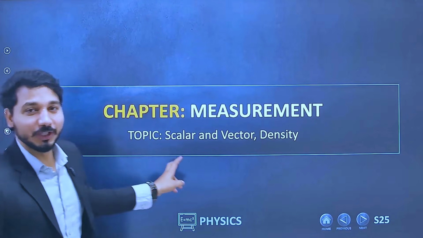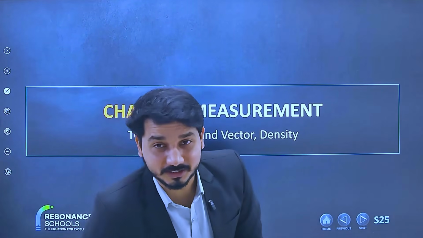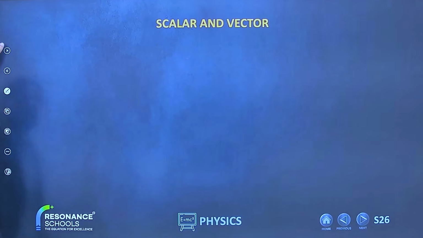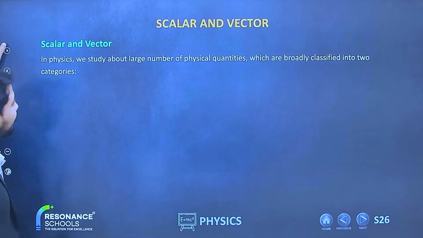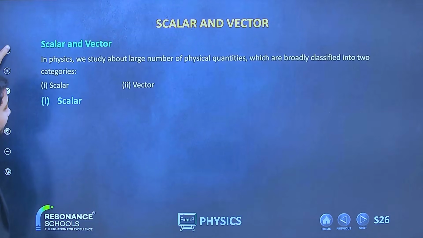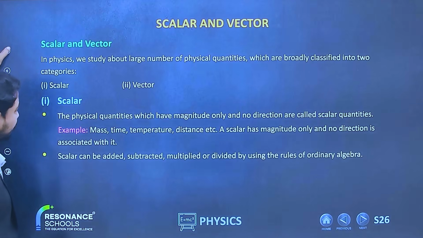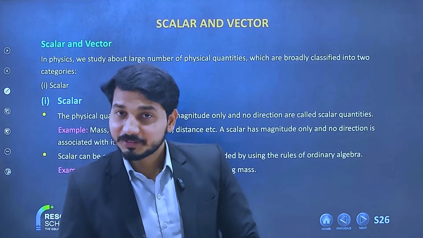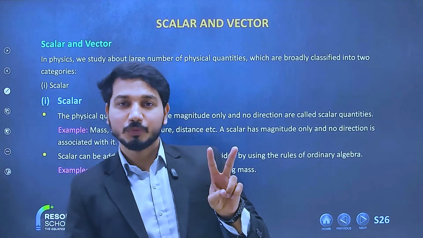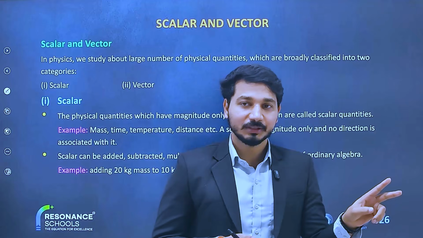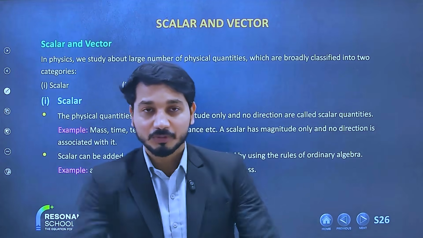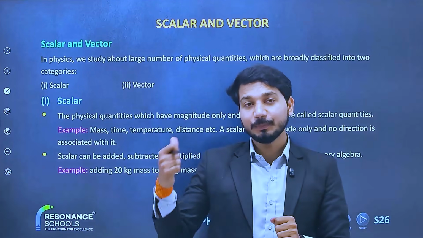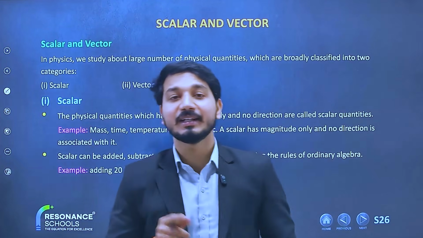Okay, so we are going to start the new topic, that is scalar and vector quantities, right? Now we'll understand what is the meaning of scalar and vector. Earlier we had discussed physical quantities. There are two types: one is fundamental, one is derived. Now, scalar and vector, we are defining those physical quantities on the basis of their magnitude and direction.